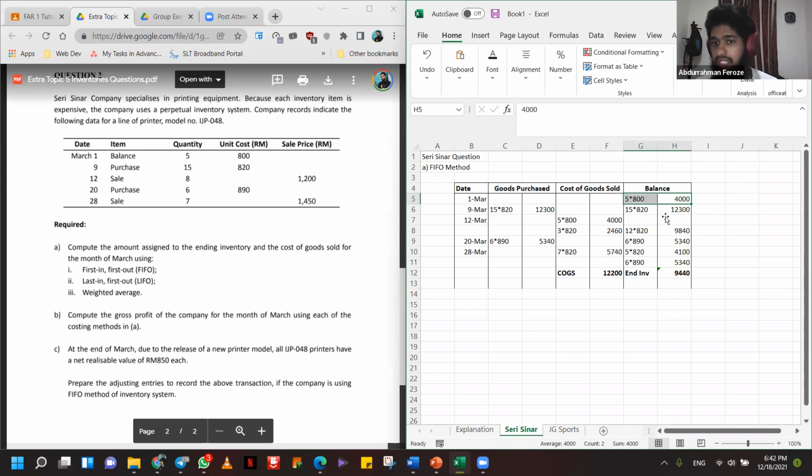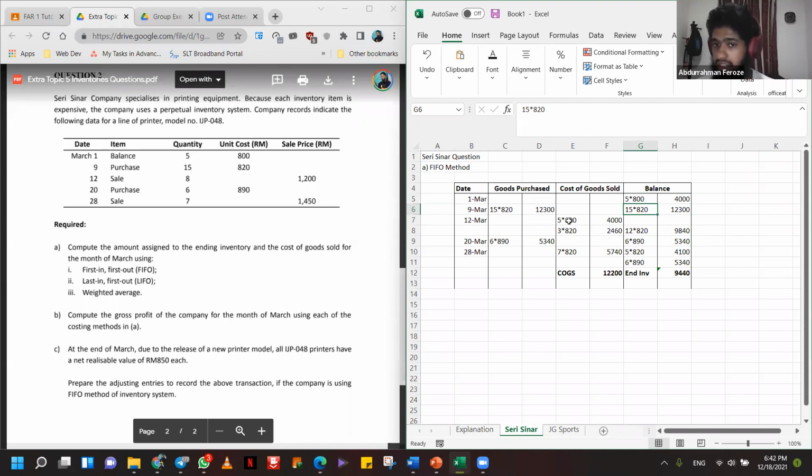On the 9th of March, they had the same 5 printers from the beginning, and they purchased a further 15 at 820 ringgit each. So now they have 5 printers at 800 ringgit, purchased before, and the newly purchased 15 at 820. This is what they have at 9th March.